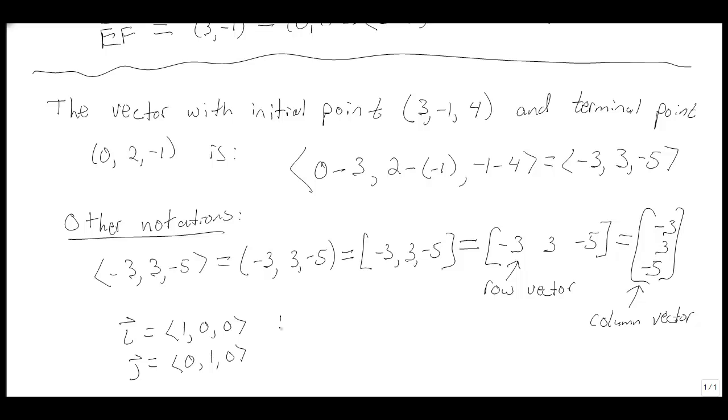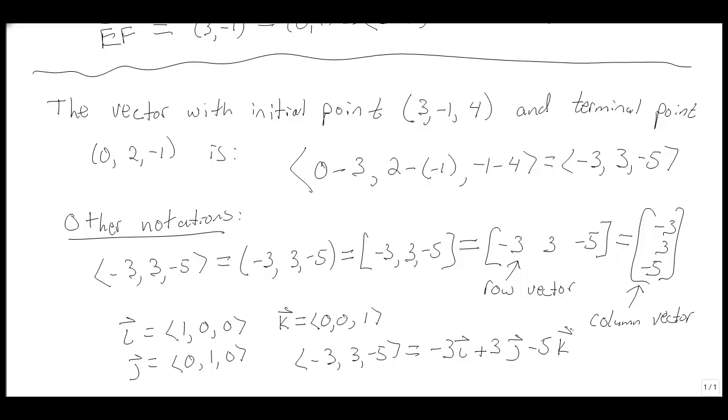Oh, no more space on this page. So let's let k be the vector 0, 0, 1. And then it turns out that our vector -3, 3, -5, using some rules of vector arithmetic or algebra that we'll do in a bit, works out to be -3i plus 3j minus 5k.